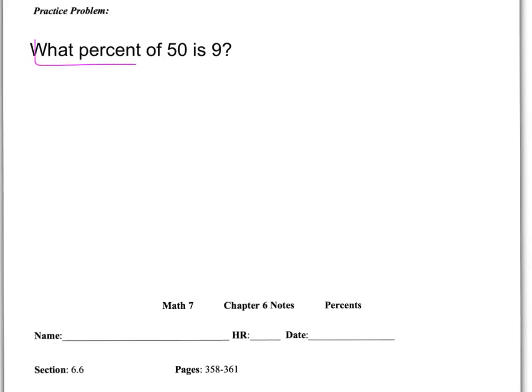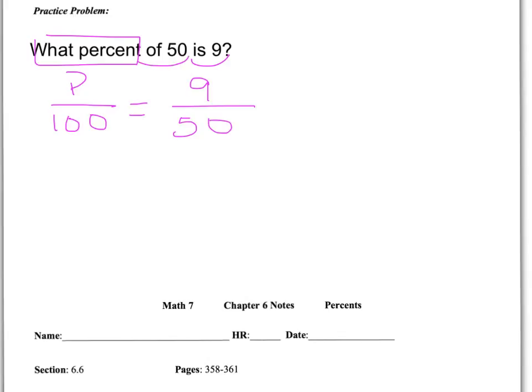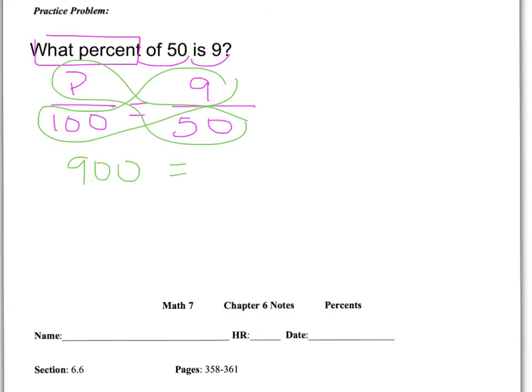For this one, the percent is our unknown, so that's where my variable is going to be, p over 100. Then I'm looking for those key words. "Is" is my part, so I'm going to put that on top. And then 50 is my whole, so it's going to go on bottom. Now I use my cross products, and I got 900 equals 50p.